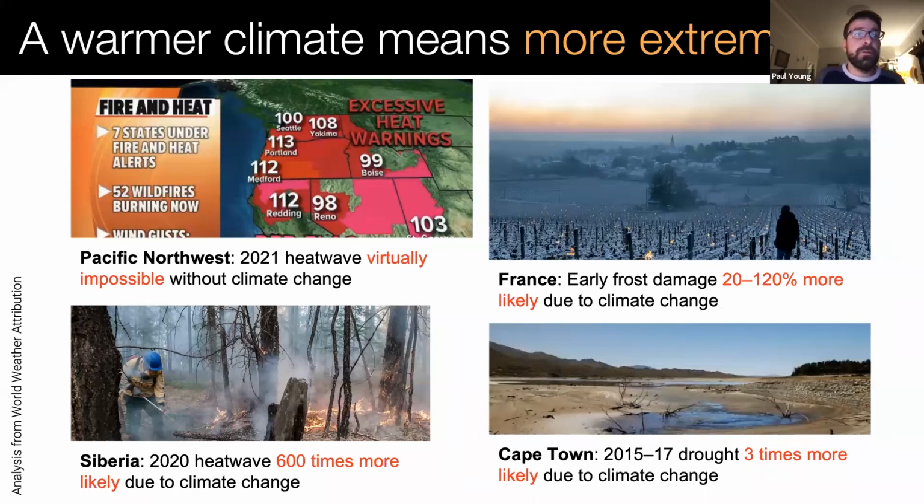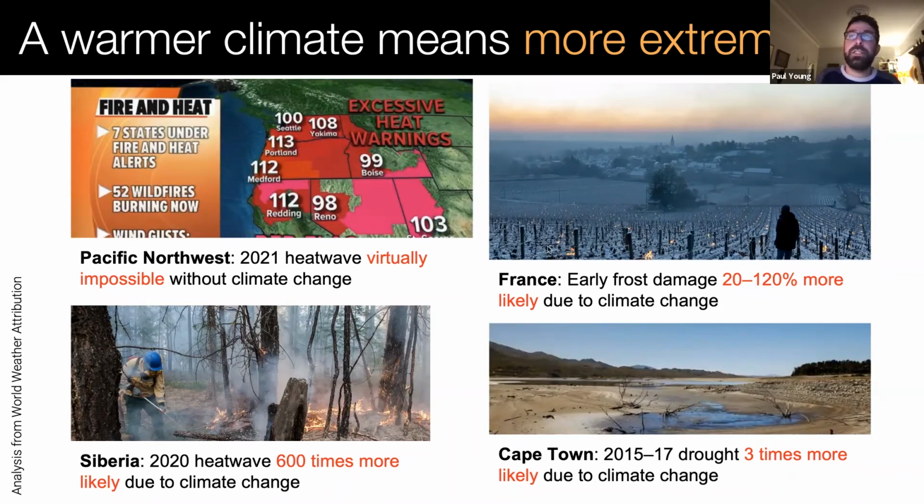We could look to other events as well. There was a massive heat wave in Siberia in 2020. It was made 600 times more likely by climate change, and resulted in a huge outbreak of wildfires across that region. Down here in Cape Town, there was a prolonged drought from 2015 to 2017, and that was made 3 times more likely by climate change. And up in the top right is an interesting one.